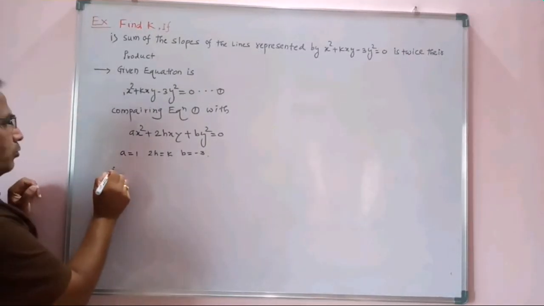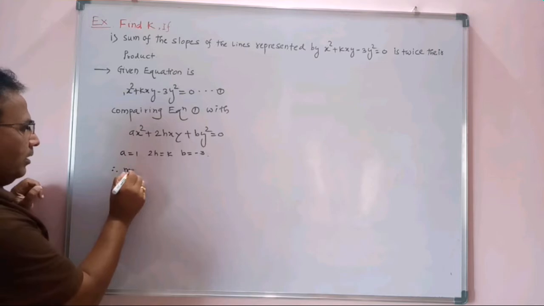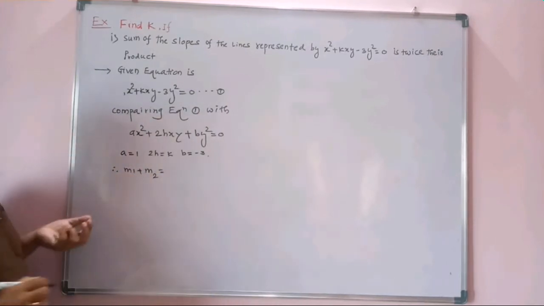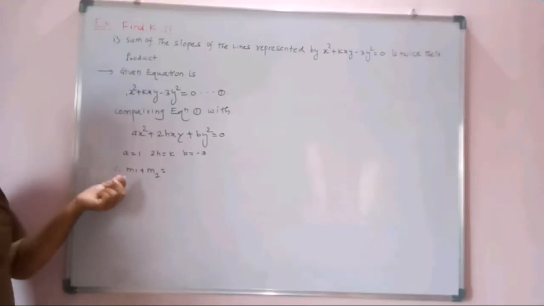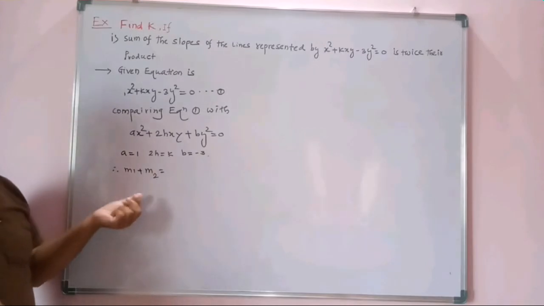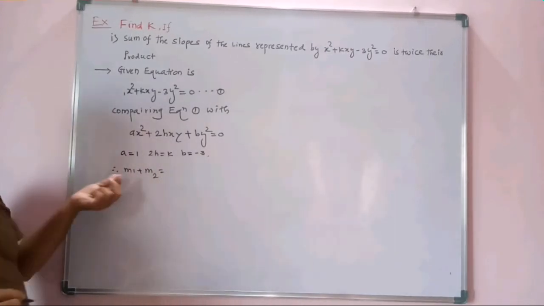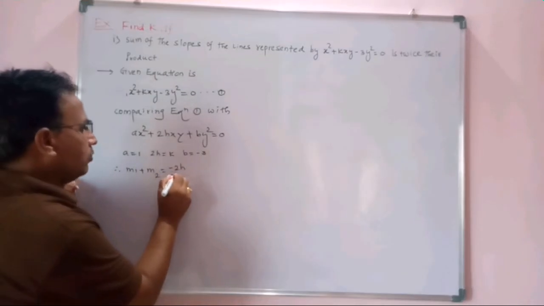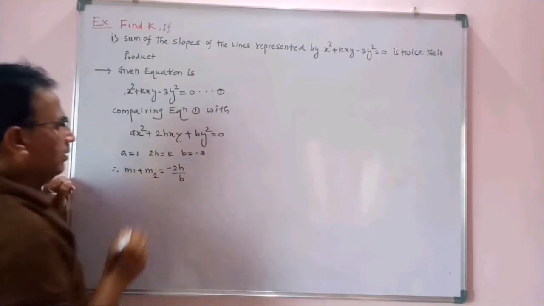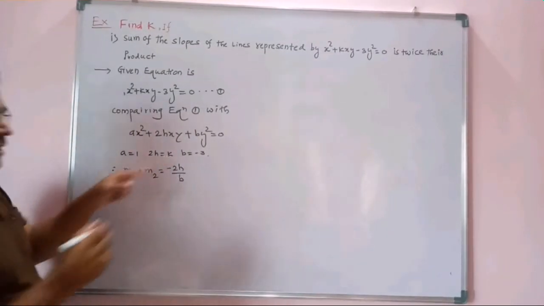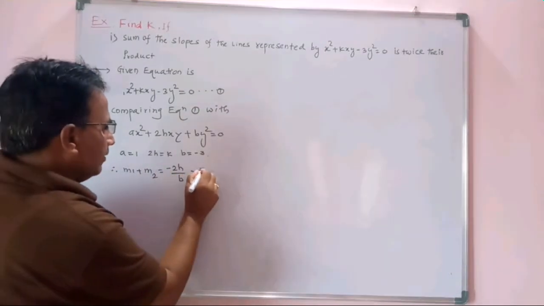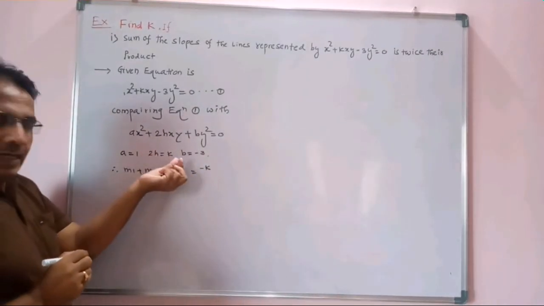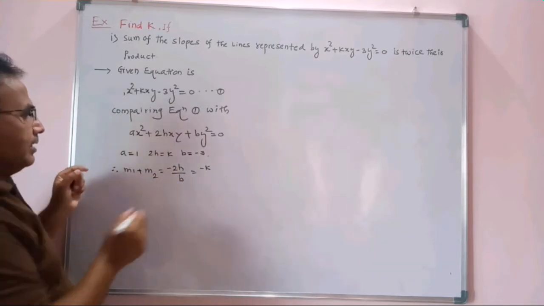Therefore, the sum of the two slopes m1 plus m2, where the first slope is m1 and the second slope is m2, equals, by the first condition, minus 2h divided by b. The value of 2h is k, so this gives minus k divided by b.